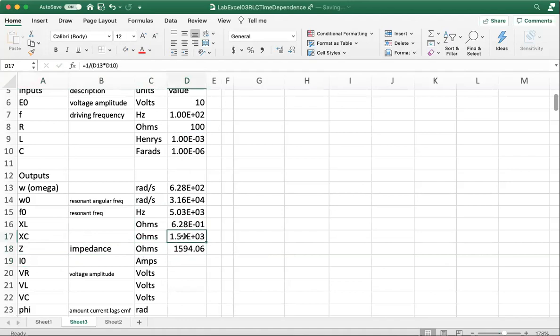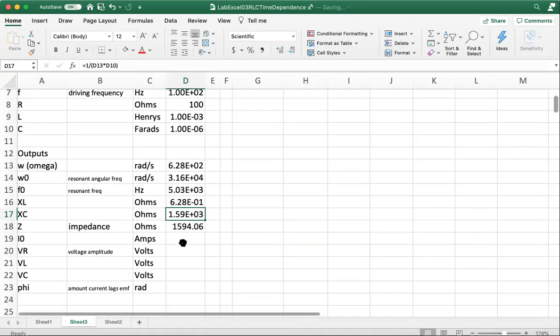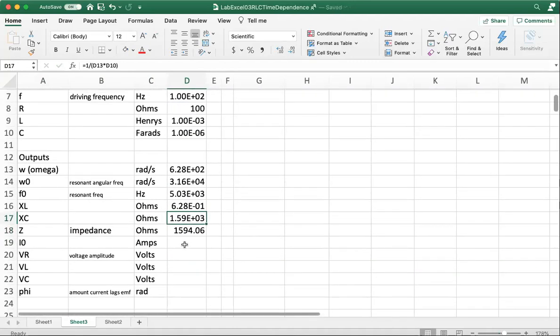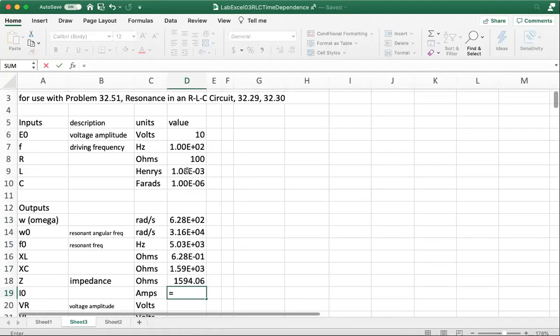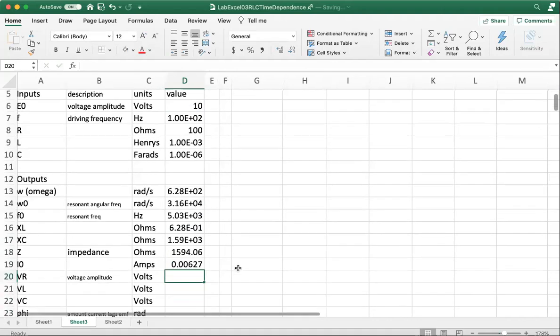At this slow frequency, the capacitor is creating most of the impedance. Then I naught is pretty simple. It's just the driving EMF amplitude divided by the impedance. So we're getting 6 milliamps out of this thing.